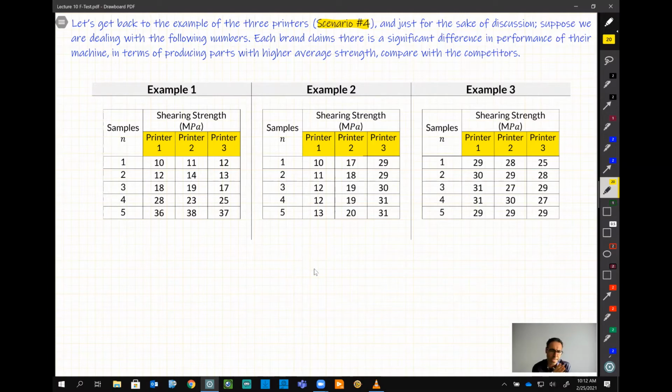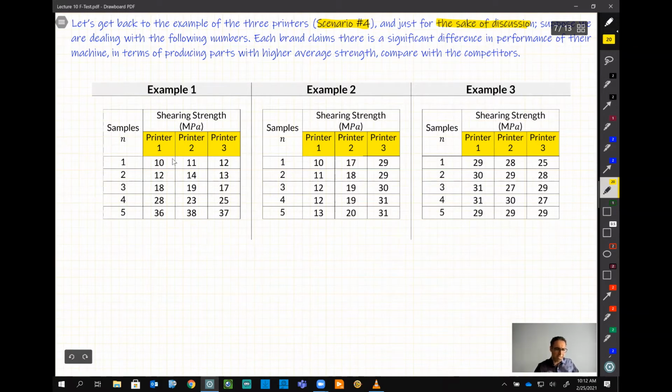Just for the sake of discussion, I put these numbers there. They are not real, I just wanted to convey my message. In example 1 we have these numbers, example 2 has another bunch of numbers, and then example 3. I want you to focus on example number 1.